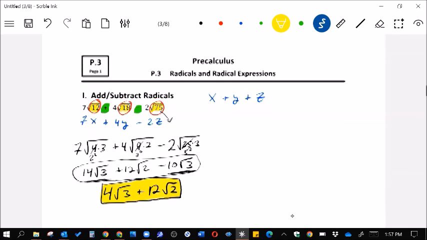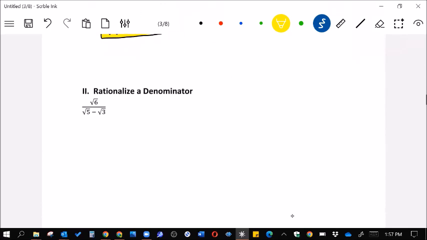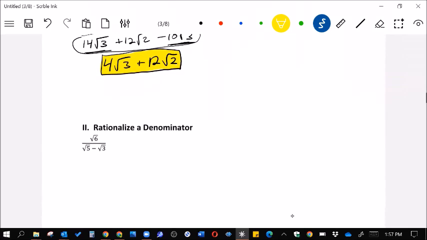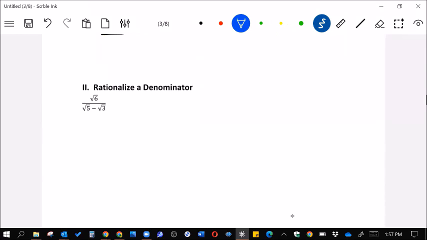The next thing to focus on here is making sure you're really comfortable with rationalizing a denominator. So the concept here comes from the a plus b times a minus b multiplying of binomials. Because when you have the same a in 2 places, same b in 2 places, and one of these is plus and one is minus, the middle terms cancel out, so you get a squared minus b squared.